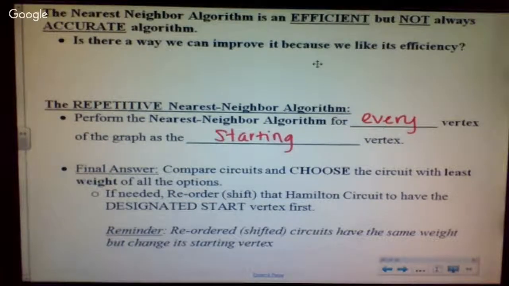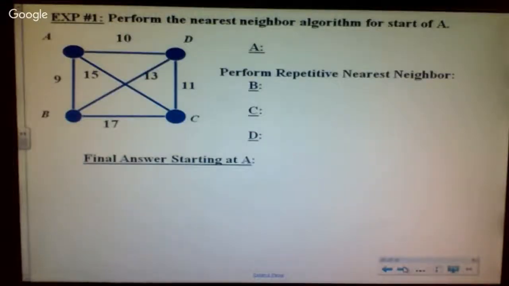Once you've listed all of these, you're going to then compare your circuits and choose the circuit with the least weight. You're trying to find the optimal. And then if we need to, you're going to reorder or shift it to start where they tell you to.